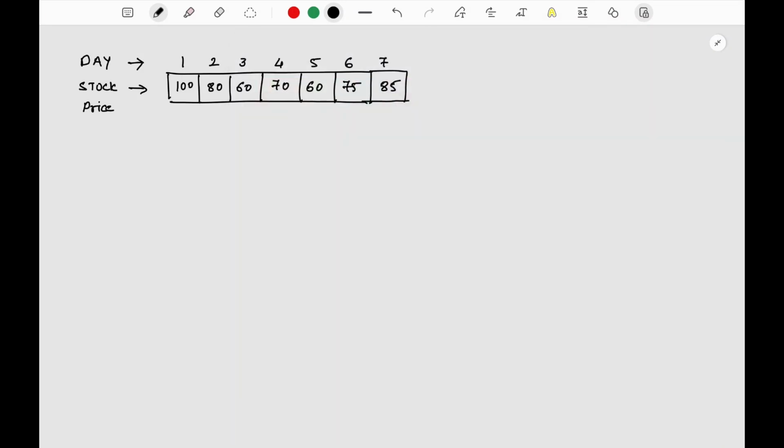We have an array, where we have to find the span for each stock price value. The observation we should make first of all is that the span for this value on this particular day is 4, right? From here, day number 3 till day number 6.